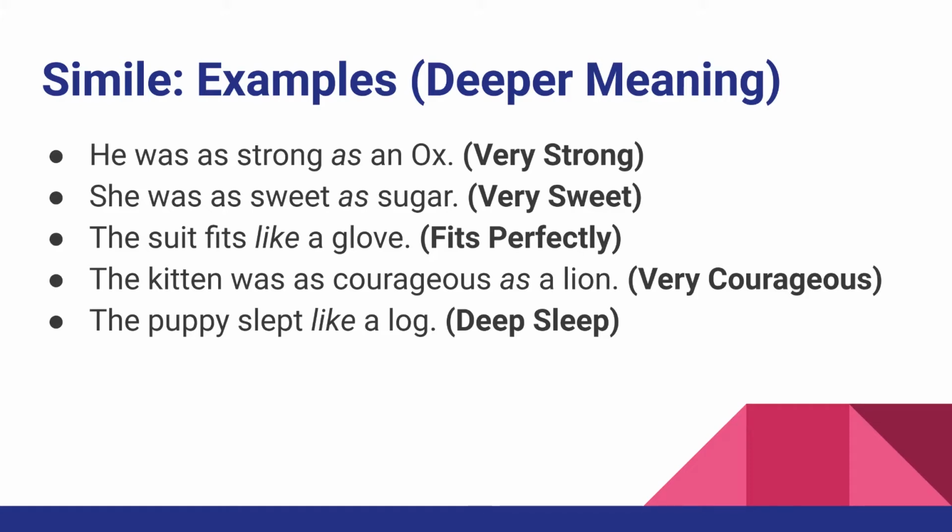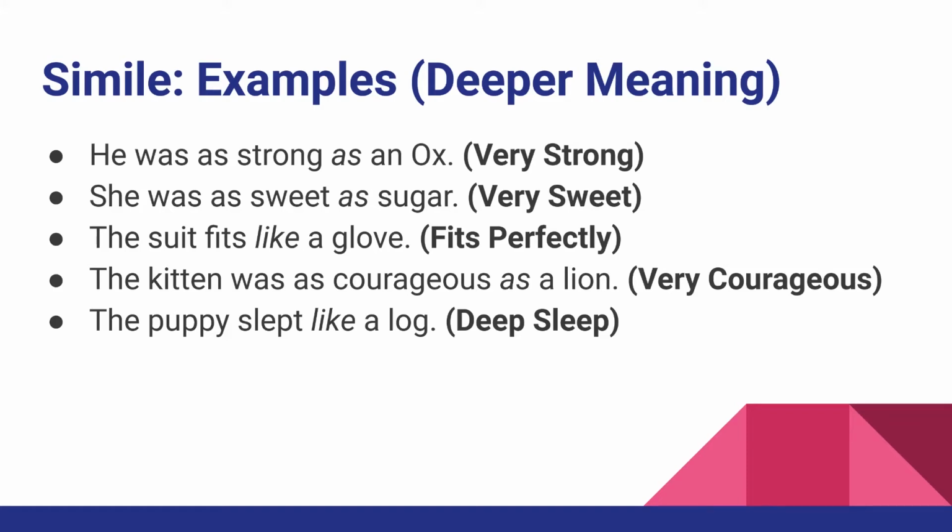But when we say he was as strong as an ox, we immediately visualize an ox being very strong, and we correlate that with the person that we're talking about when we say he was as strong as an ox. So it really gives a deeper meaning. The simile gives a deeper meaning to the sentence when you have that comparison.